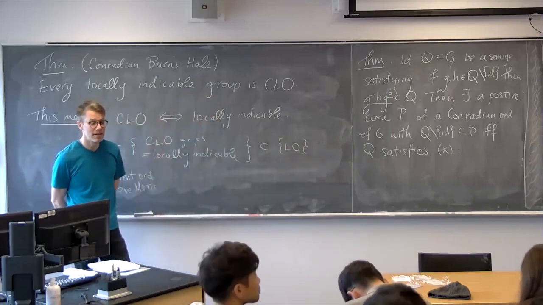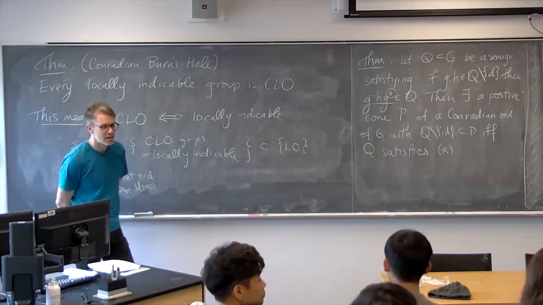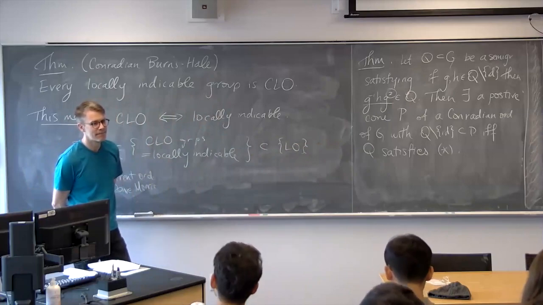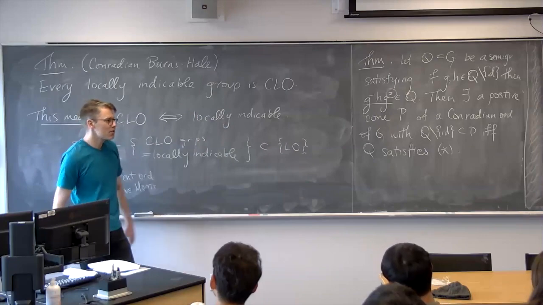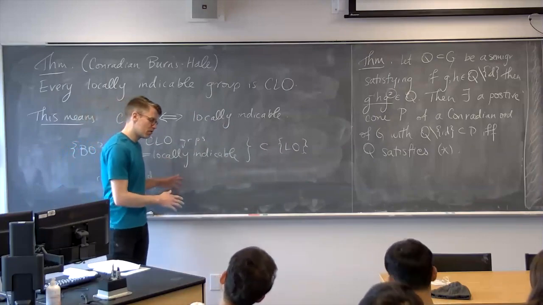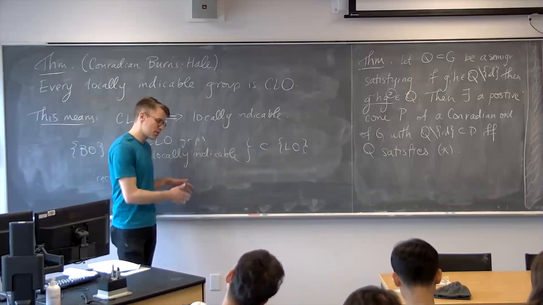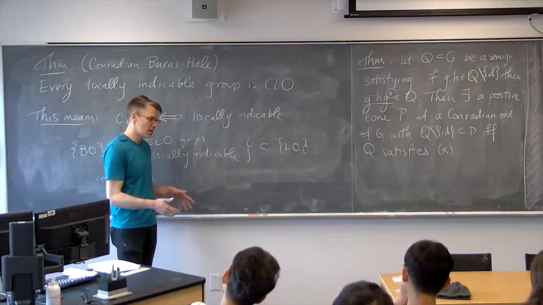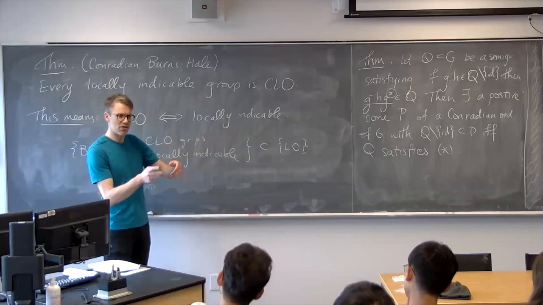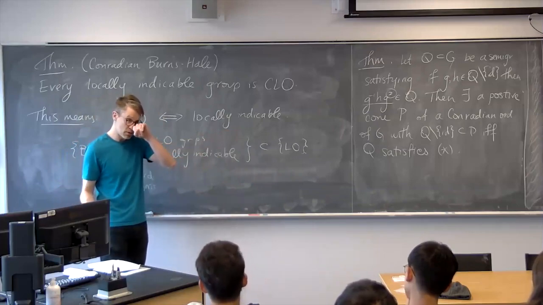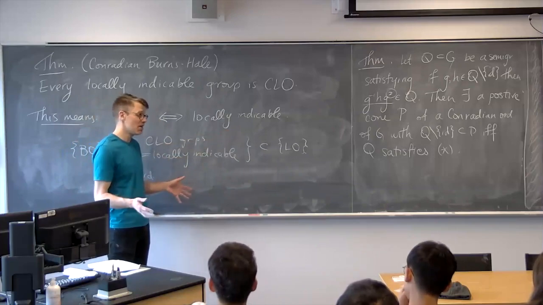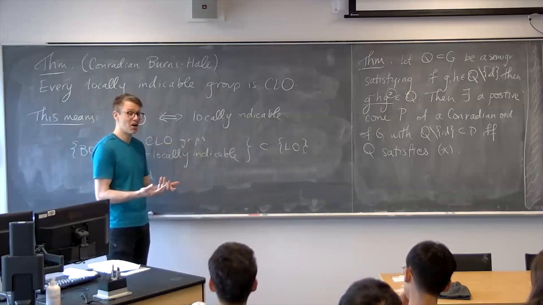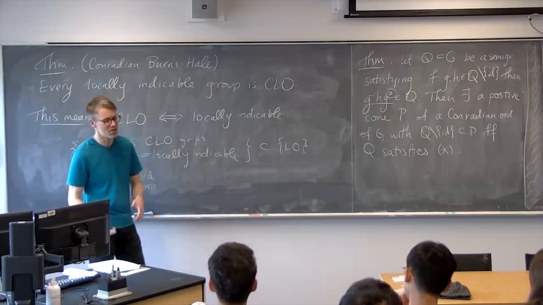What was the history? Was the CLO definition given and they were known to be locally indicable or expected to be equivalent? In the first paper where this came out that I'm aware of, there's a paper by Conrad in 1959. In that paper, he gives the "there exists an n" definition, but then goes through and shows that there are many other ways of writing down that inequality, and that they're all equivalent.